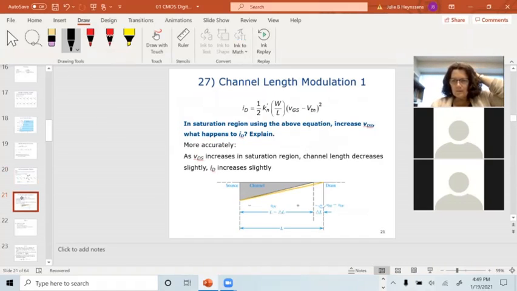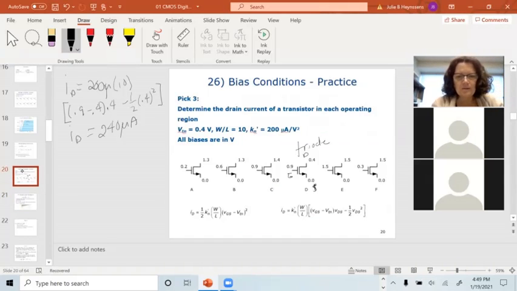Just a quick question. Yes, Sean. So VTN and VT are the same thing, basically, right? Just notated differently.